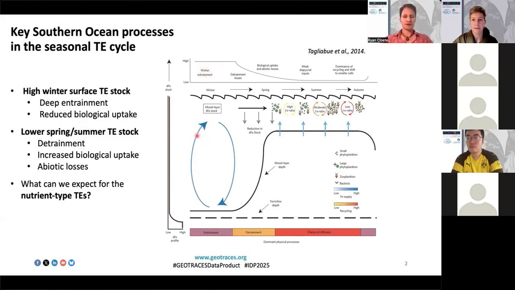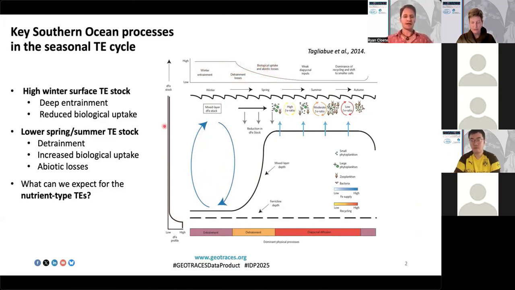It's driven by deep winter mixed layers, which are sustained by strong seasonal storms and turbulence. But we see that as we progress through to spring and eventually summer, we have losses from detrainment and also increased biological uptake and abiotic scavenging processes.